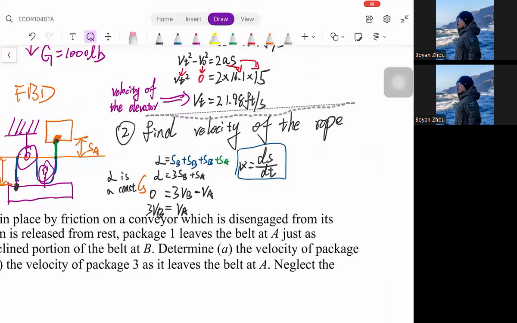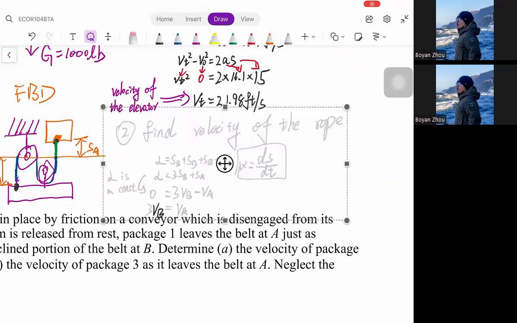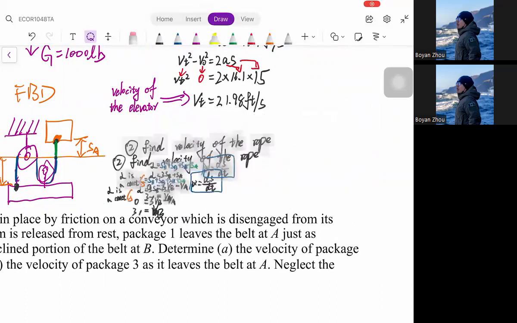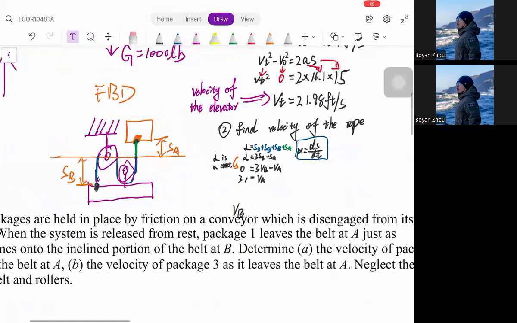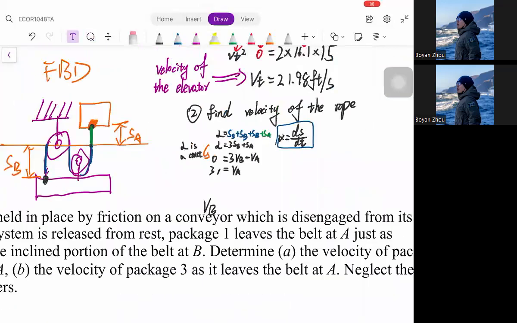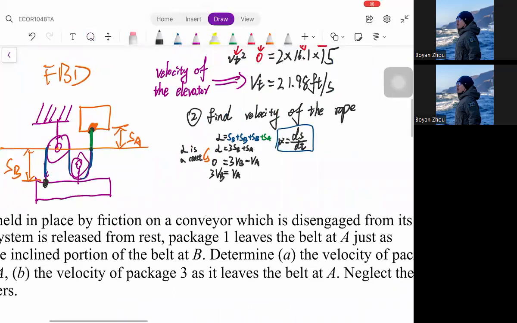Okay, so now we find the relationship between the elevator and the rope. The velocity of the rope is equal to 3 times VB. VB is the velocity of the elevator, that is VT.